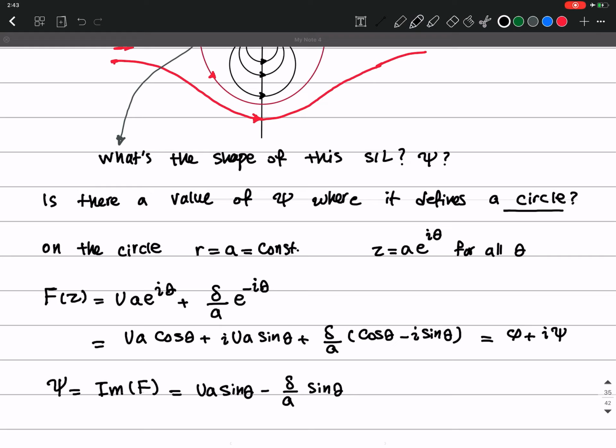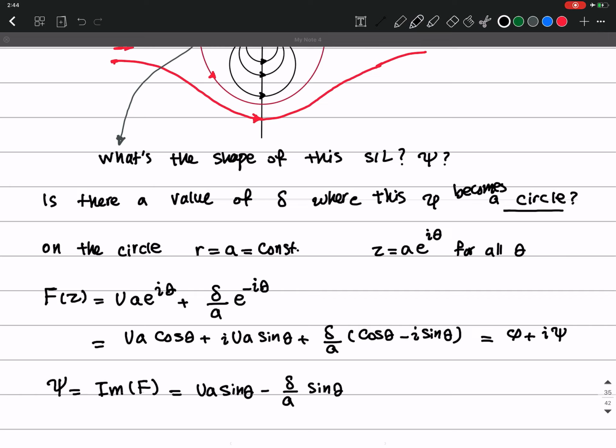Okay, and I just set it to 0, and I want to find, I'm sorry, is there a value of delta where this psi becomes the circle?